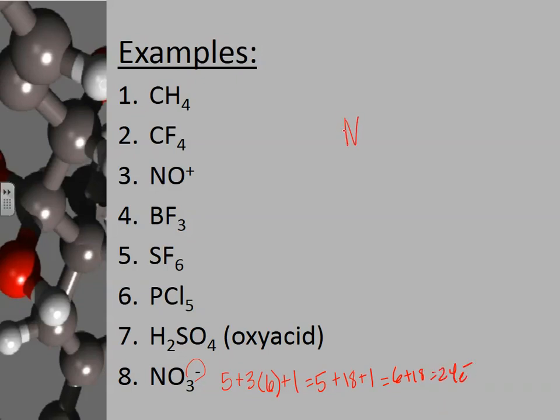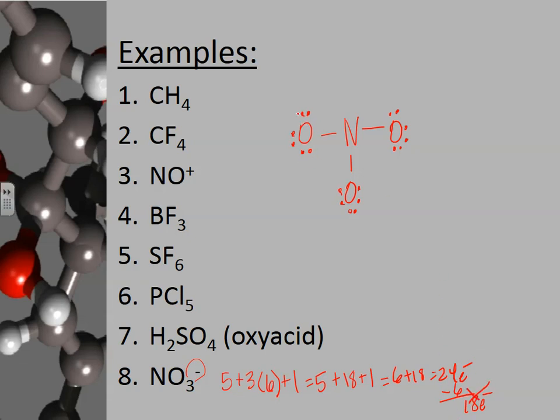All right, your nitrogen comes down first, and we have 3 oxygens to place on the nitrogen. 2, 4, 6. I've used 6 electrons. That leaves me with 18 that I still have to place. 2, 4, 6, 8, 10, 12, 14, 16, 18. And I've used all 18 electrons.